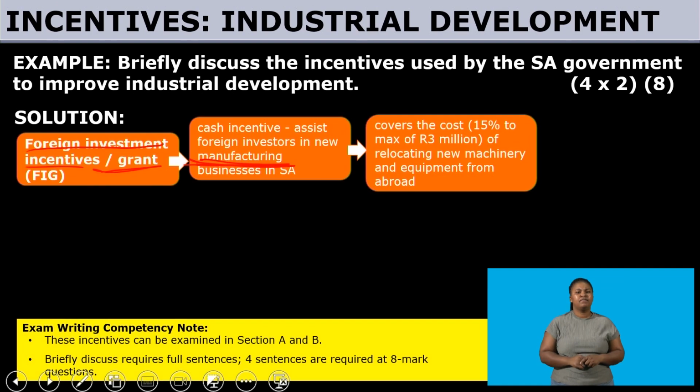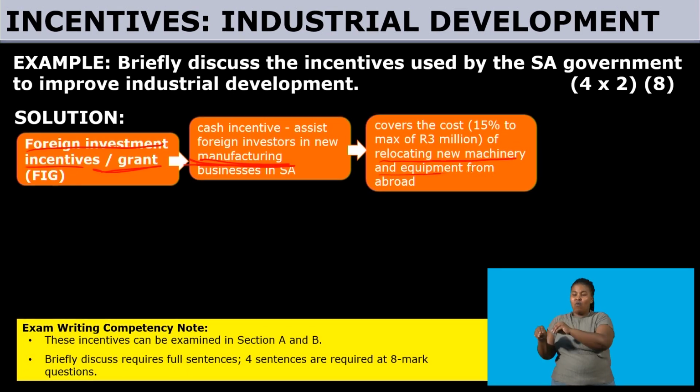It covers 15% of the cost, to a maximum of 3 million, of relocating new machinery and equipment from abroad. Remember, these are investors from other countries. They need to relocate to South Africa to bring about development in our country.